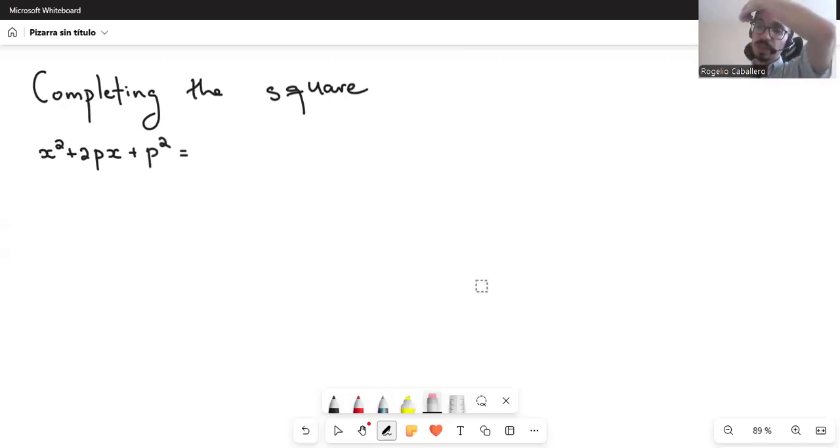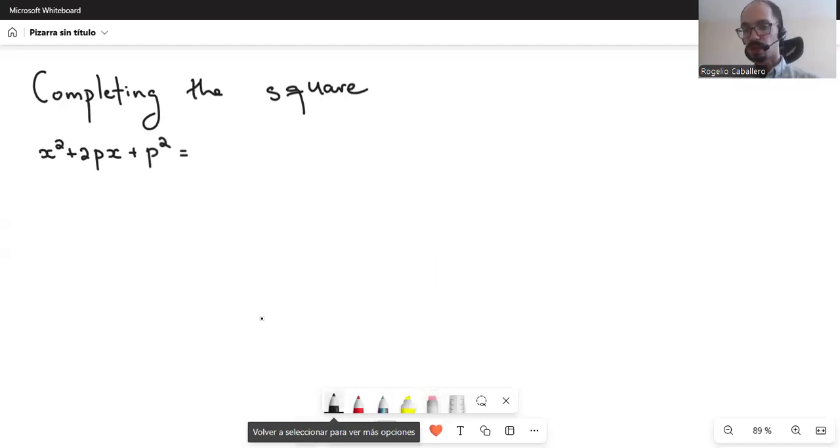So let's first discuss when it's not necessary to complete the square. That's when we're in the presence of a perfect square trinomial like this one: x squared plus 2px plus p squared. How do we recognize perfect square trinomials? If we have two terms, such as x squared and p squared, and the third term is twice the product of the square roots of those two terms, then that's a perfect square trinomial.